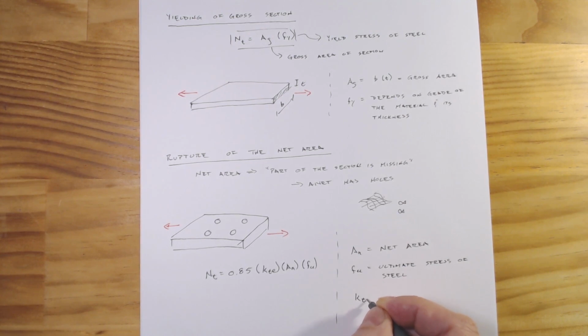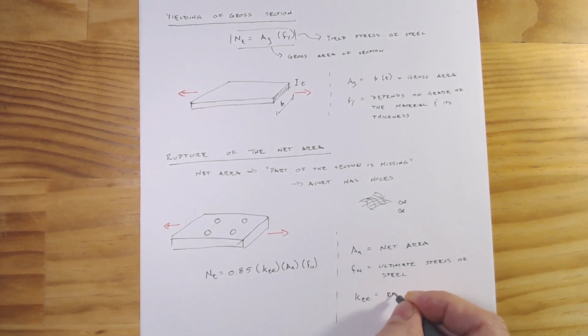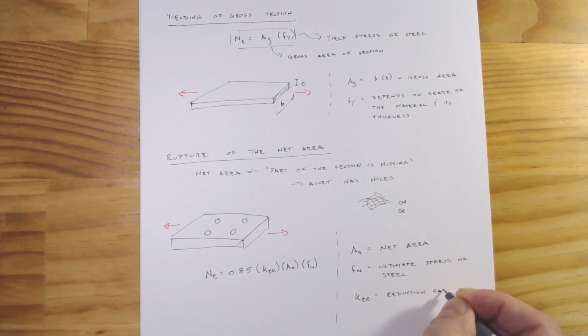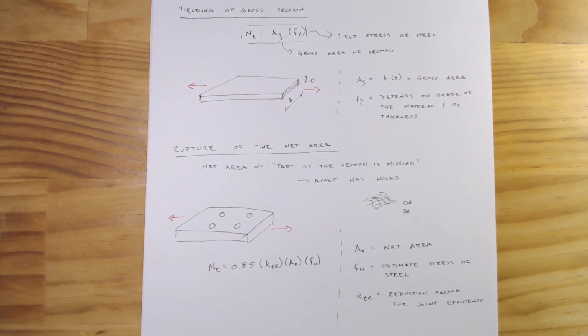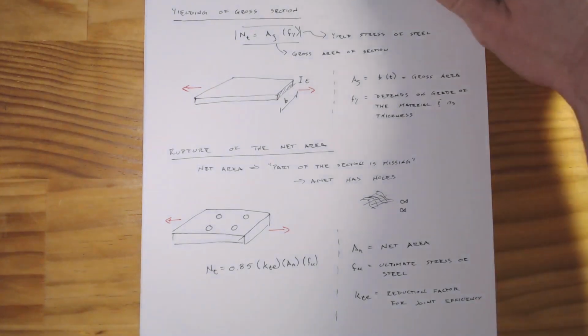This k_te factor is what's called a joint efficiency factor, or a reduction factor for joint efficiency. For plates and elements which are connected symmetrically, it's going to be 1.0.